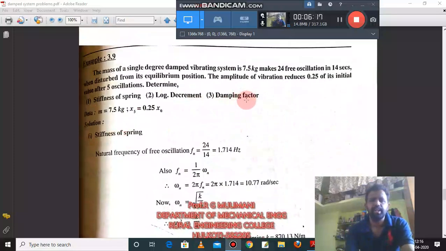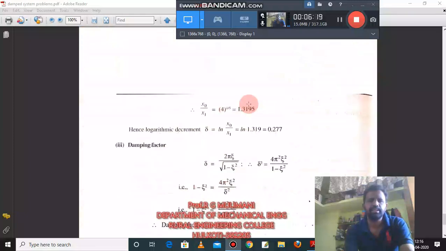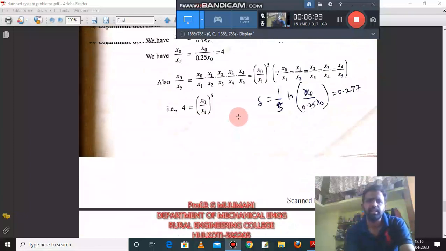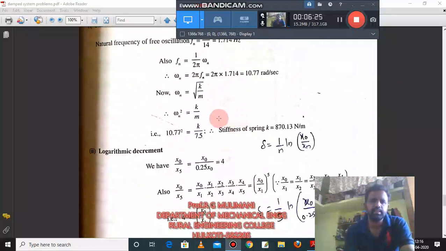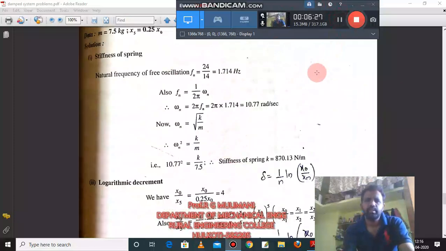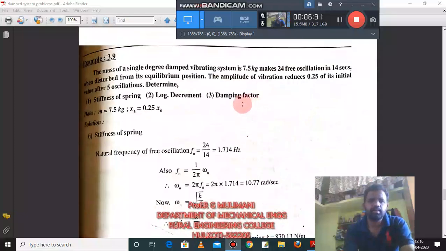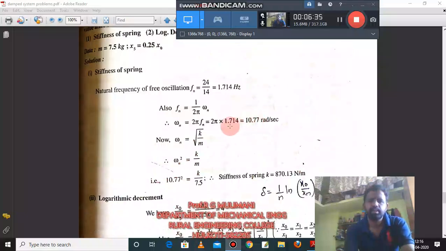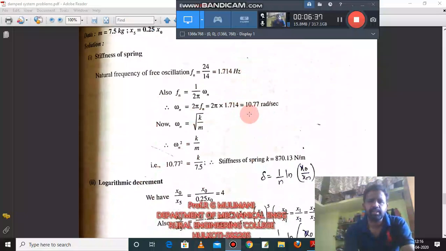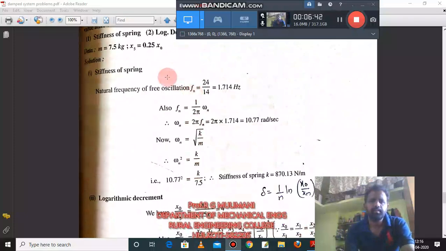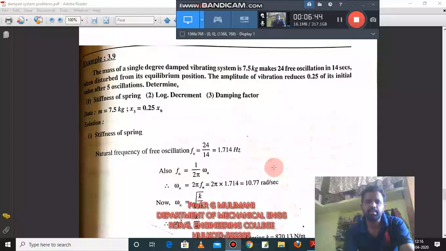Then damping factor. Damping factor is equal to C by Cc, zeta equal to C by Cc, but we have no C data here. C value cannot be calculated here, so we need to find the damping factor by some other method.